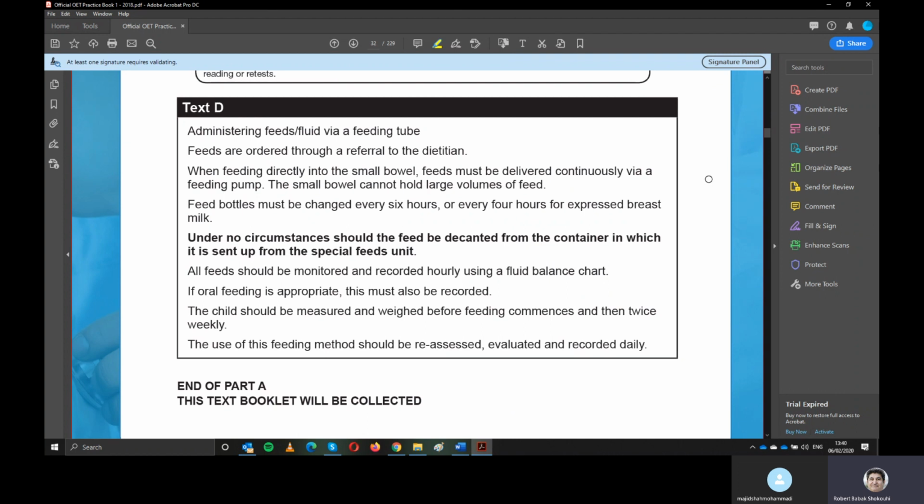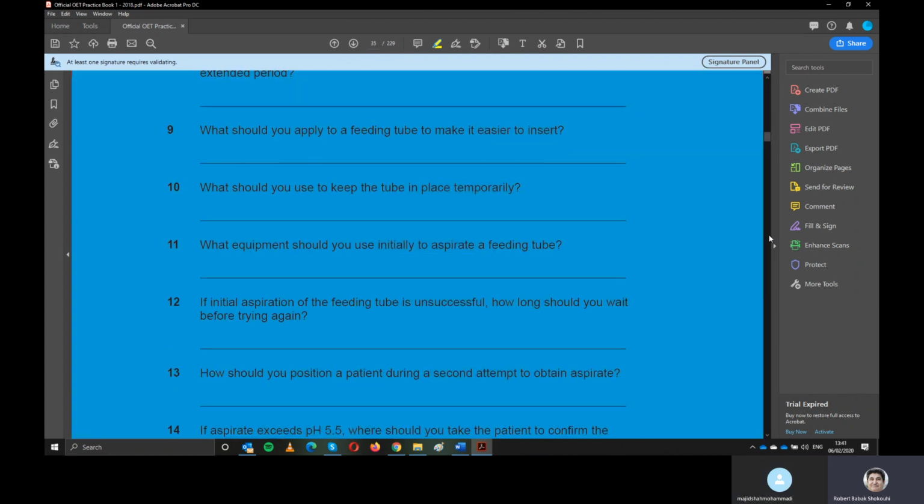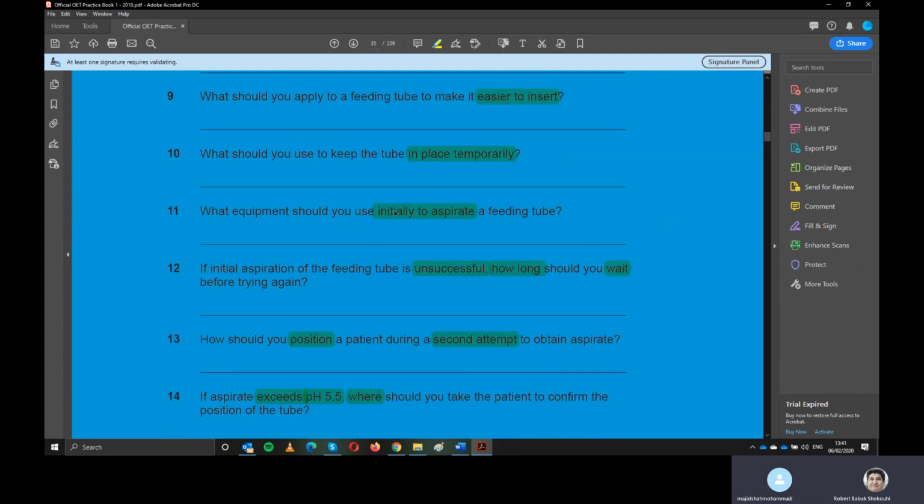And for small bowel, we should do what? It should be delivered via a feeding pump. So we go down and say, initially syringe. Initial aspiration unsuccessful, wait before trying again, how long? 15 to 30 minutes.